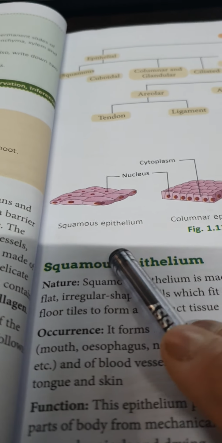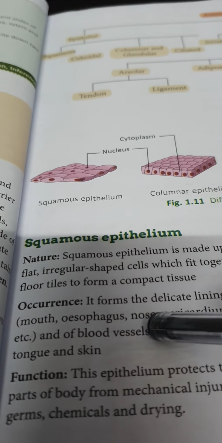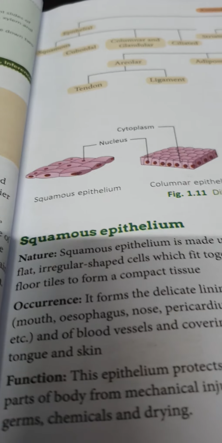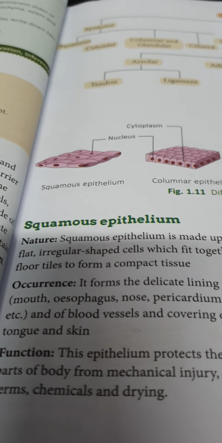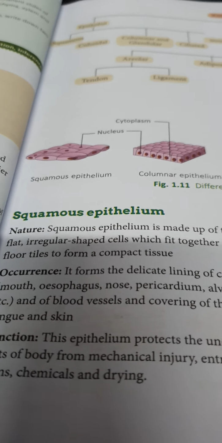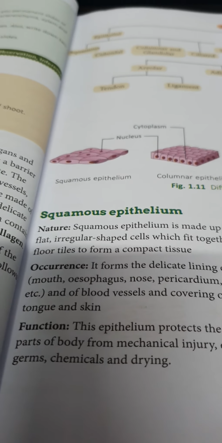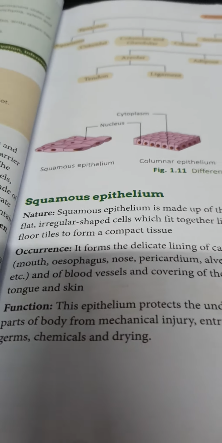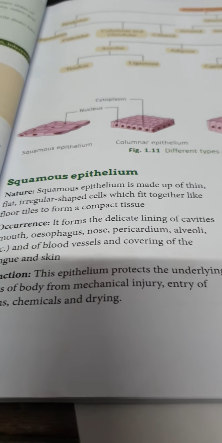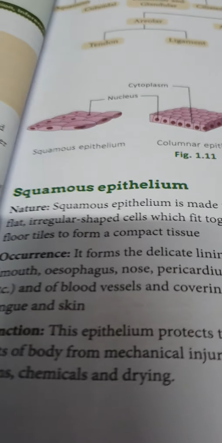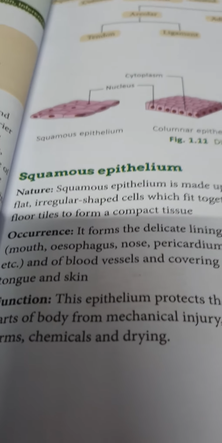Squamous is very flat and irregular shaped. It occurs at the mouth, esophagus, nose, and pericardium, and the function is to give mechanical support from injury and relieve us from the entry of germs, chemicals, and drying.